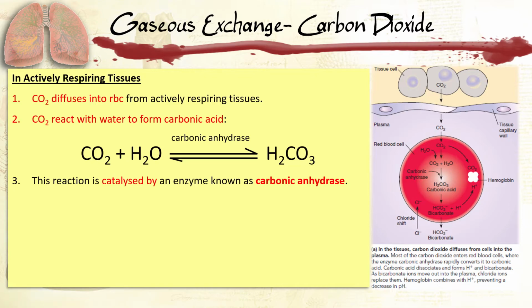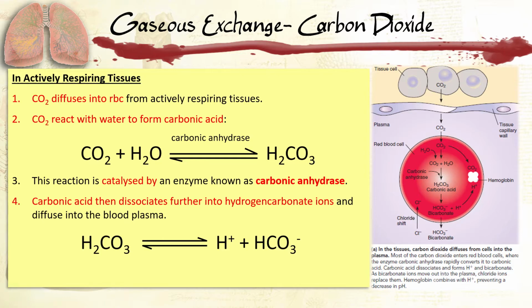This reaction is catalyzed by the enzyme known as carbonic anhydrase. So what you have to remember is carbon dioxide plus water will give you carbonic acid. This carbonic acid will further dissociate into hydrogen carbonate ions as well as hydrogen ions.